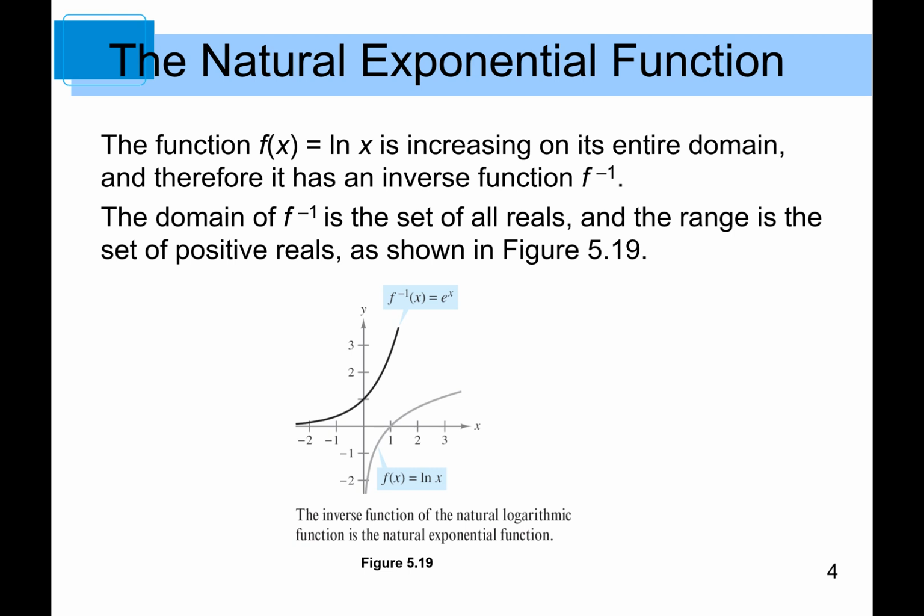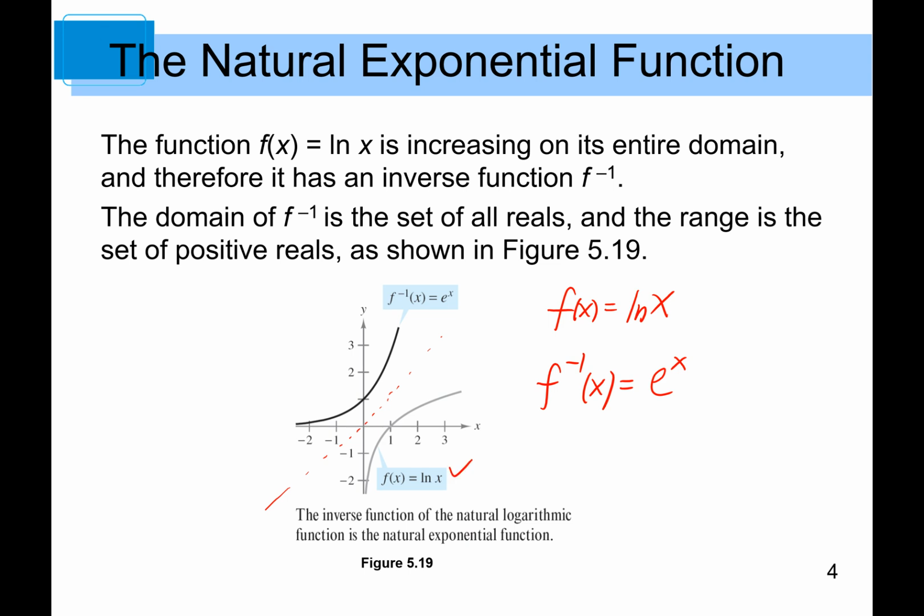So the function f of x equal to ln of x, the inverse function of the natural logarithm function, is e to the x. If you look at a graph of these two functions, this is f of x equal to ln of x.